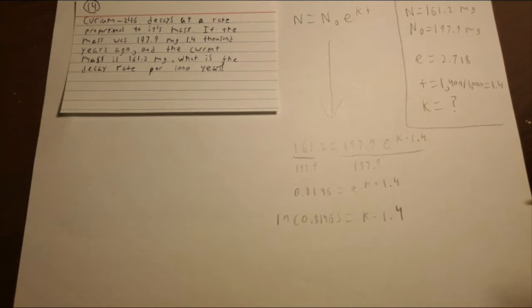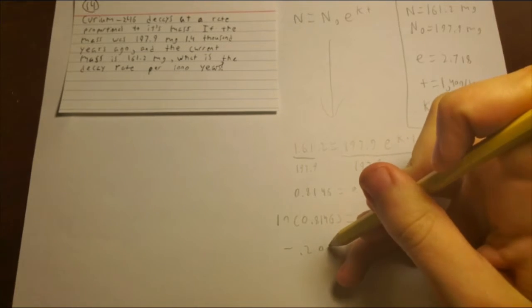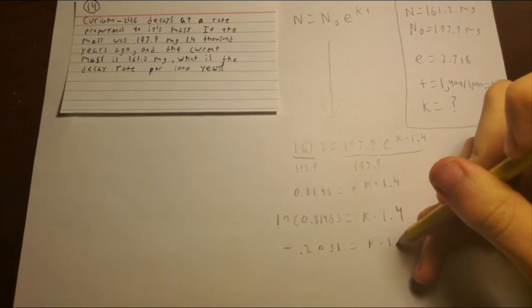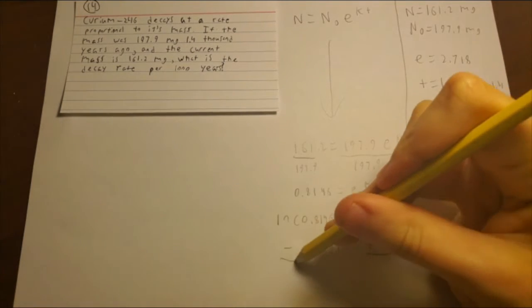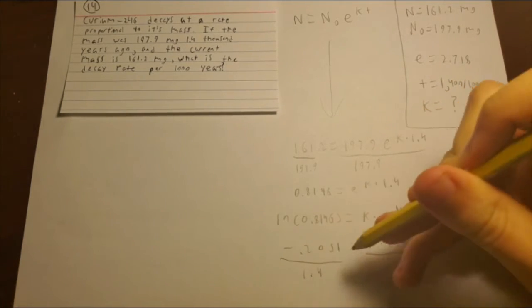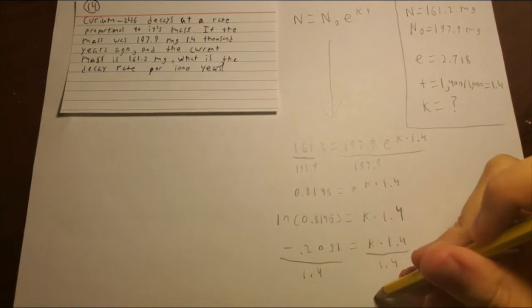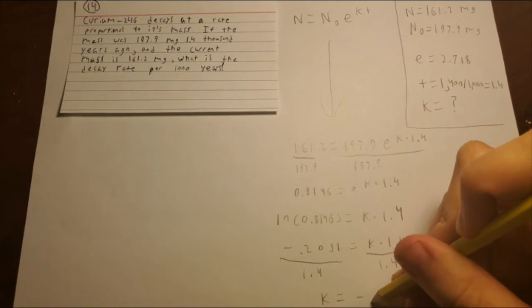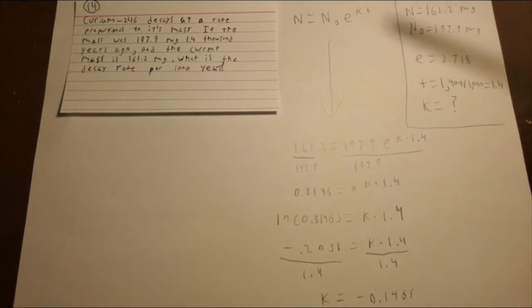The natural log of this number, 0.8146, is going to be negative 0.2051, and that's again equal to k times 1.4, and then dividing both sides by 1.4. That's going to give us our almost final answer for k, being that k is equal to negative 0.1465. And that will fit right back into that equation.